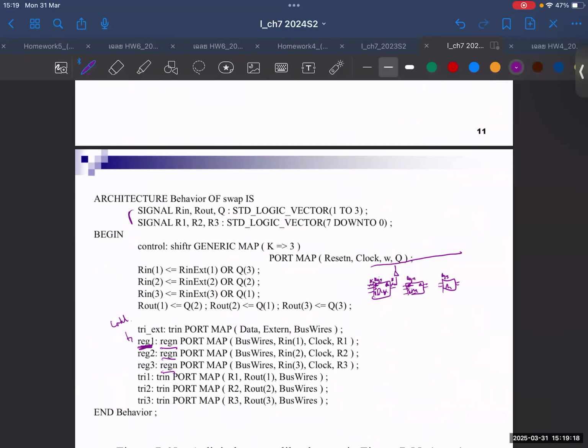These are the wires that you need to connect between all this, and you name them R1, R2, and R3, the signals that you want to connect.